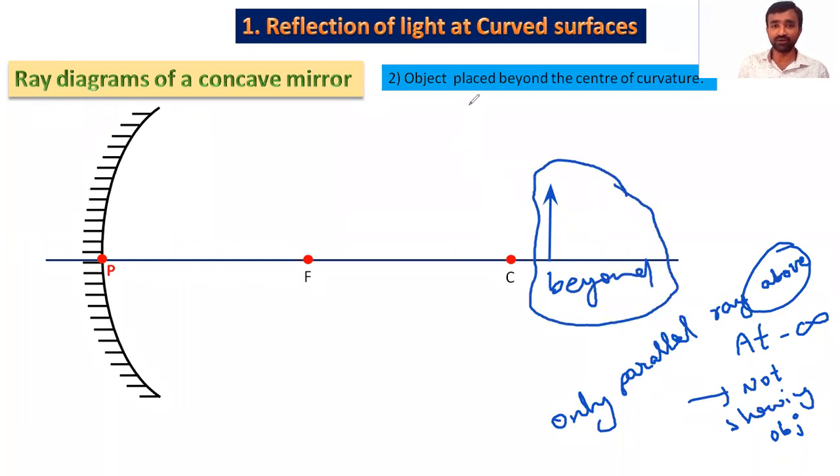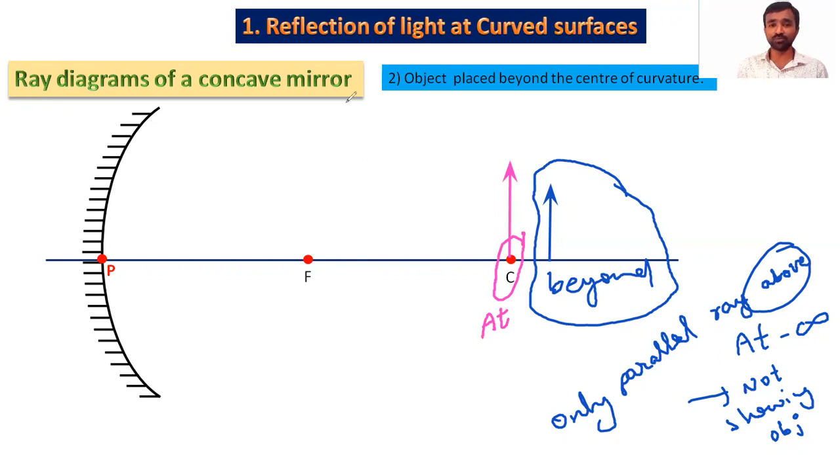Beyond the center of curvature. Next, we will go for another position. Look at the position here. Where is it? Exactly on the center of curvature, or at the center of curvature.